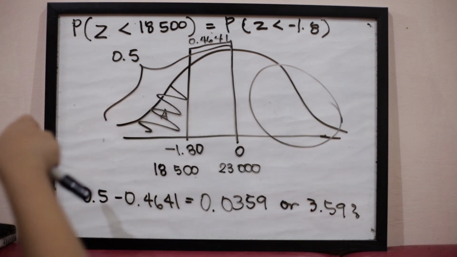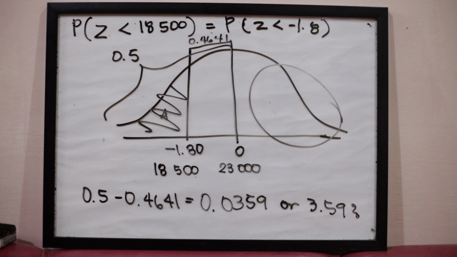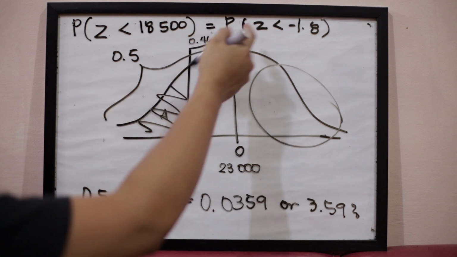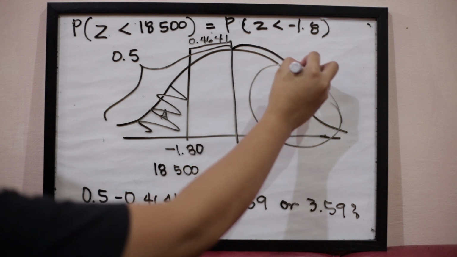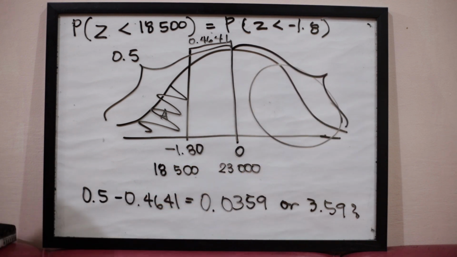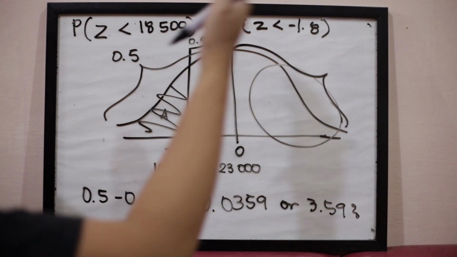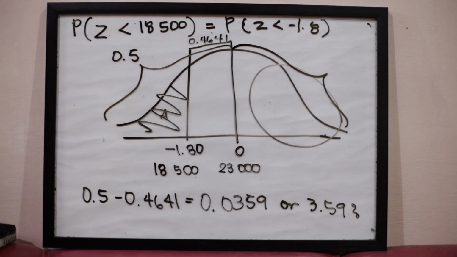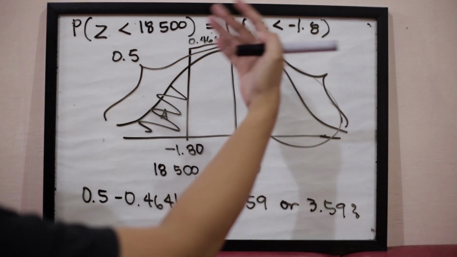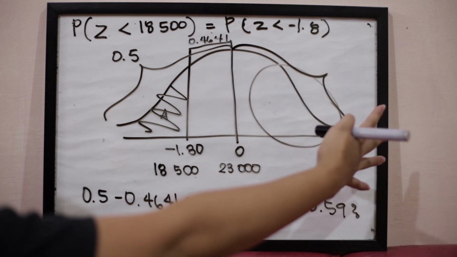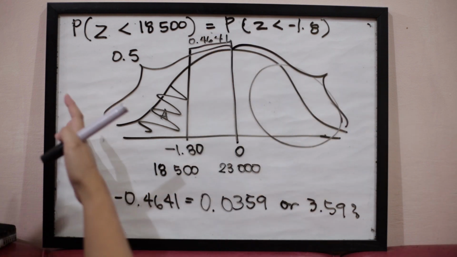We only deal with the half side of the curve to make solving easier. Because if you include this one and you want to subtract from 1, you have to add 0.5 to 0.4641 before you subtract it from 1. Right? It's harder. So, just disregard this since we don't have any shaded region for this one. Then you deal with this half part.